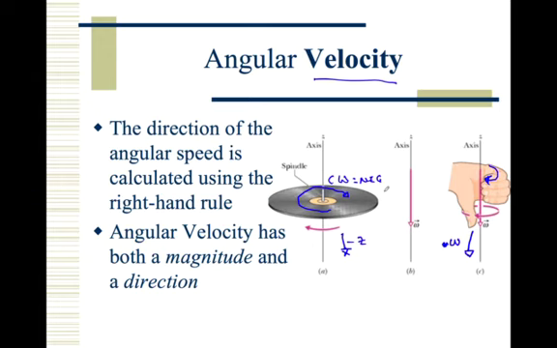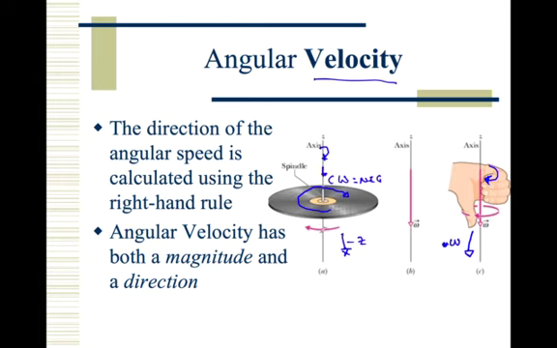Omega doesn't point along the rotation, but actually out of the plane of the rotating object. The beauty of this is, if anybody looks at this rotating disk and puts their fingers up here and does it, they'll discover their thumb is pointing downward.